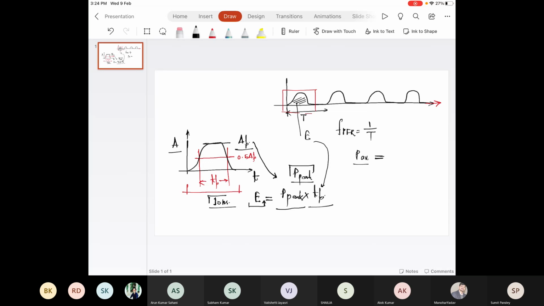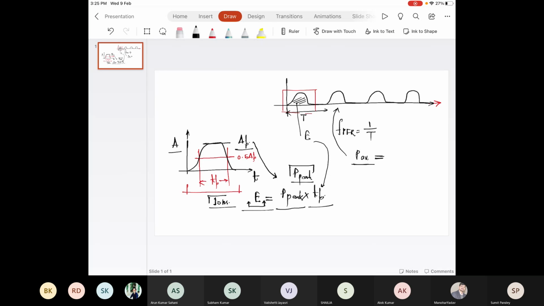E is the energy within a pulse. If we want to calculate the average power of this periodic signal, what will it be? Energy generated per unit time.